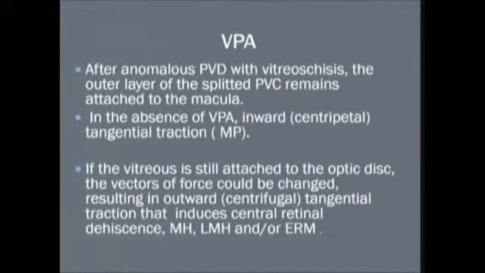But if the vitreous is still attached to the optic disc, the vectors of forces will change and the traction will be outward, which leads to tangential traction that induces central retinal dehiscence, and this explains the pathogenesis of macular hole and lamellar hole.